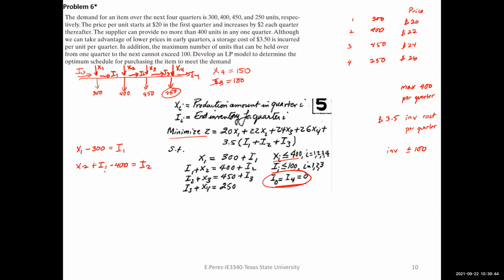It's going to be associated with how you define your decision variables. So if you just define x1, x2, x3, and x4, and then I1, I2, and I3, if those are your decision variables, which you can formulate the model with those only, you don't have to specify a value for I0 and I4.